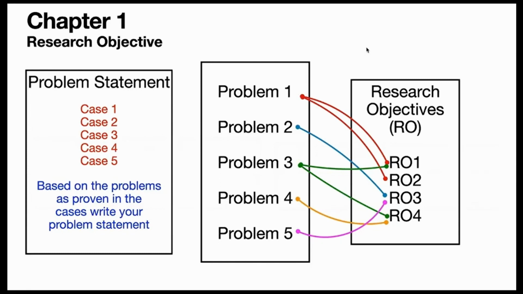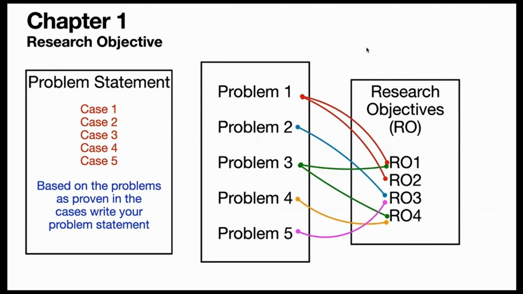Sometimes case 1 is coherent with problem 1, but problem 1 is not coherent with RO1. Then I will say your problem is not coherent with your research objective. That is my comment.